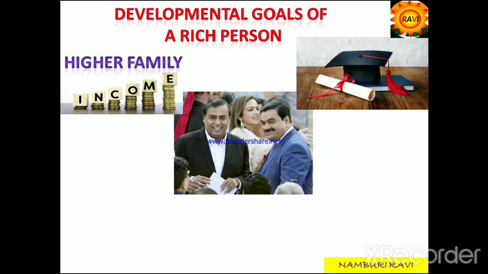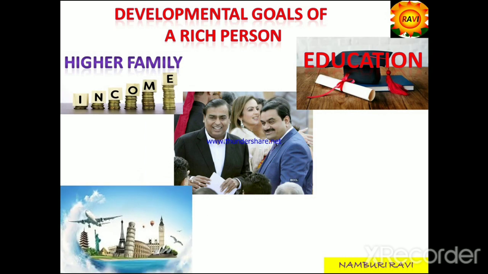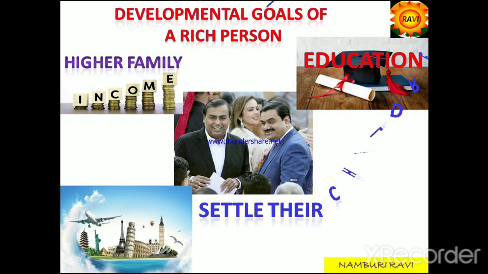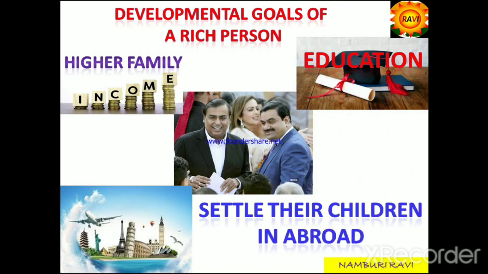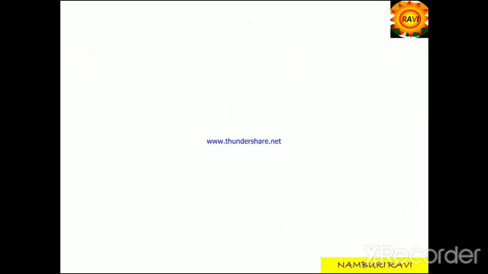The second developmental goal of a rich person is to provide a quality education to his children. And the third developmental goal is to settle their children abroad, in the rest of the world.